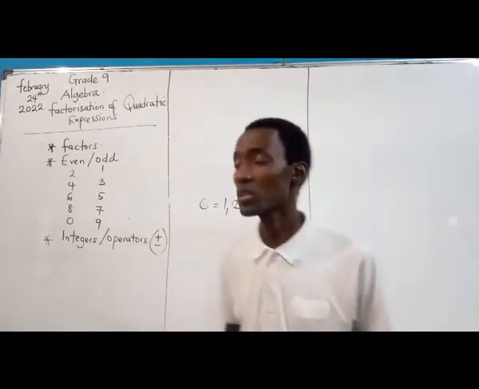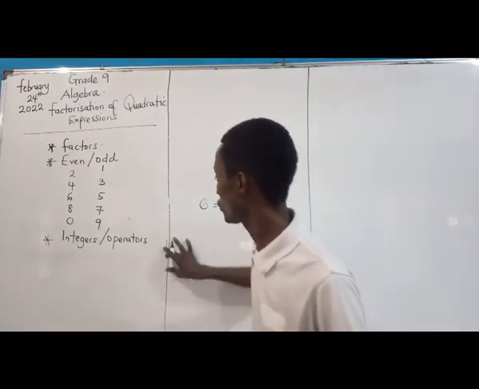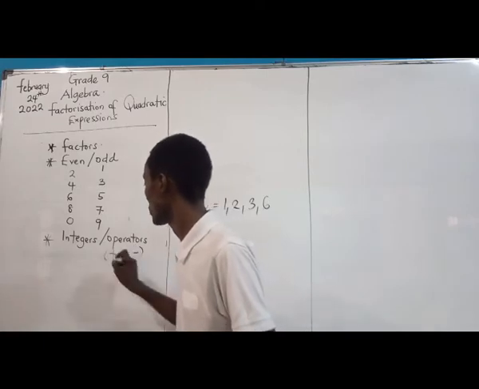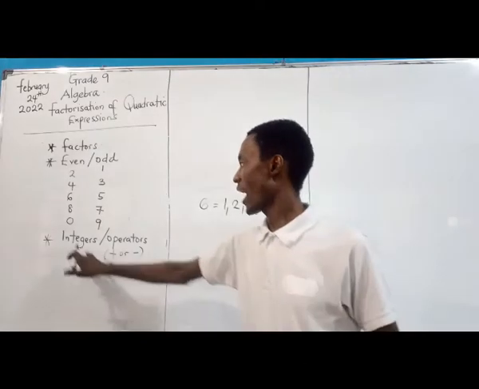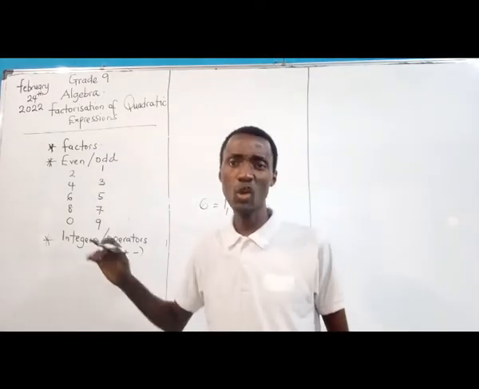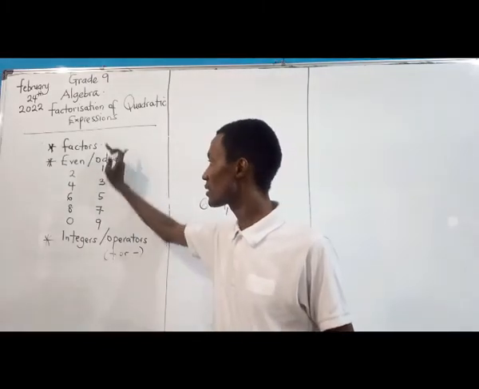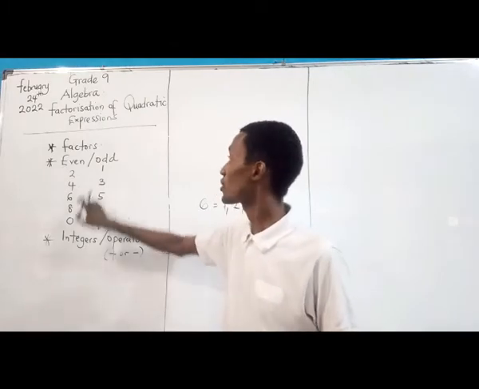Maybe I should write it this way so that somebody doesn't get confused: plus or minus. Or I could talk about integers in the manner of whether the number is positive or what? Negative. So these three concepts put together would help us in factorization.